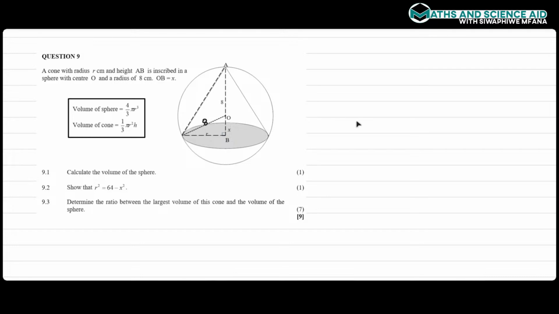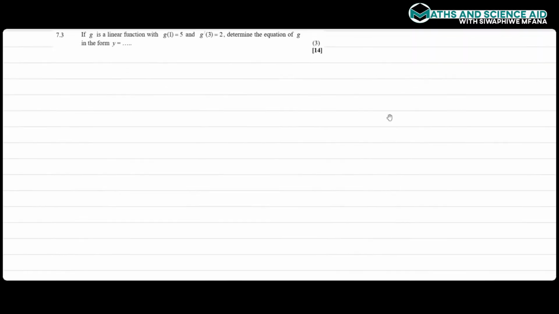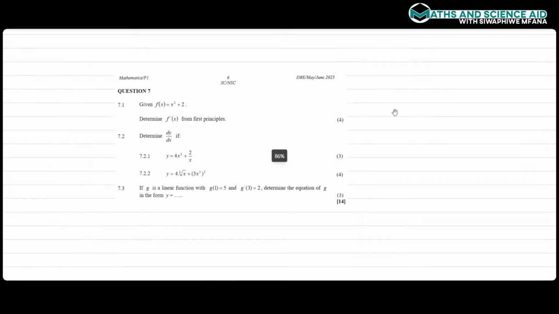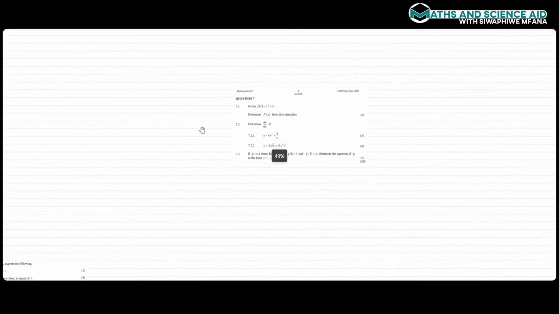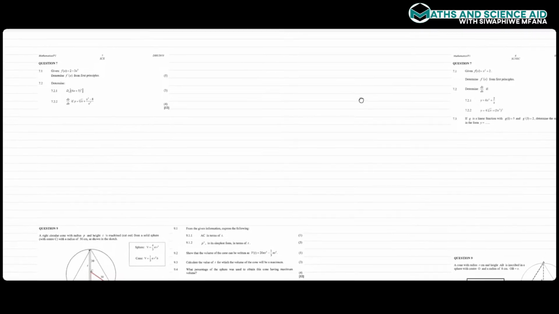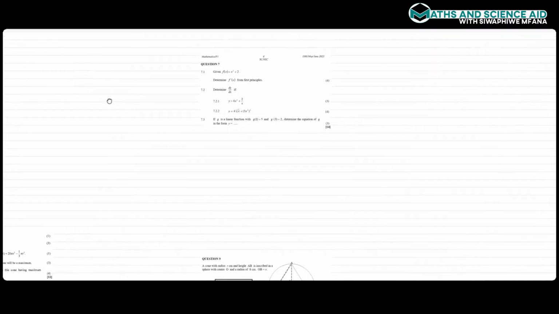So I'm going to skip this, but I would advise you to pause the video and try to work this out. As indicated here, it's from 2023. I hope I'm not making a mistake, because I usually go with the order of the years.